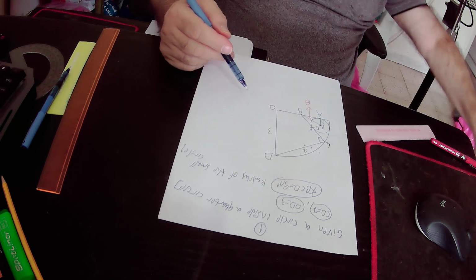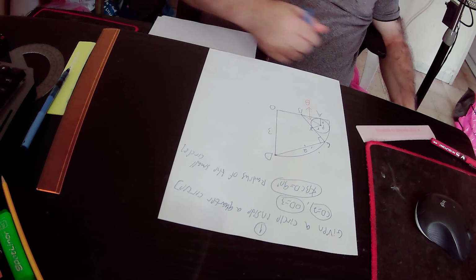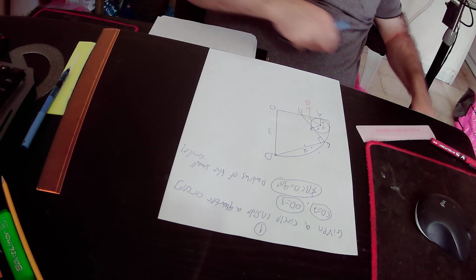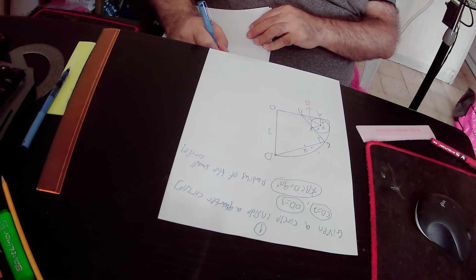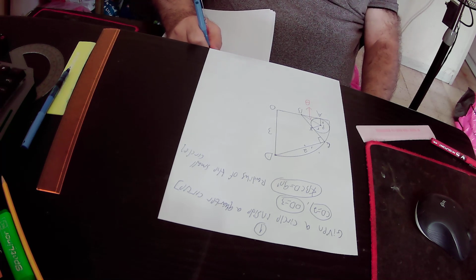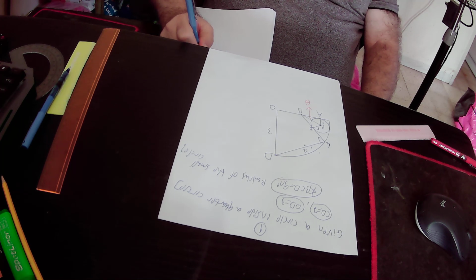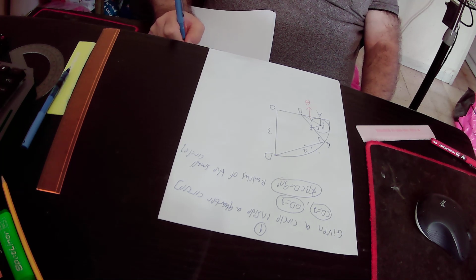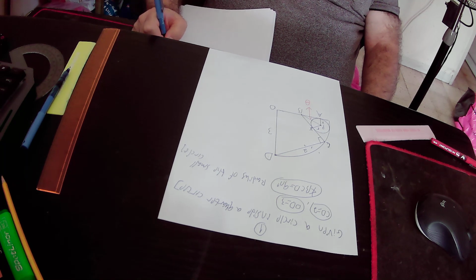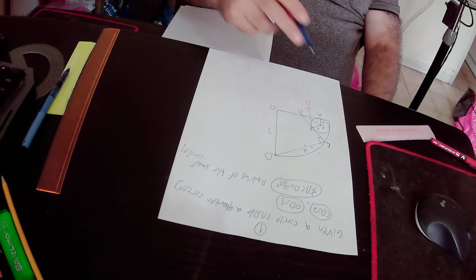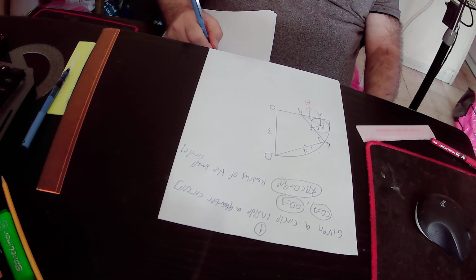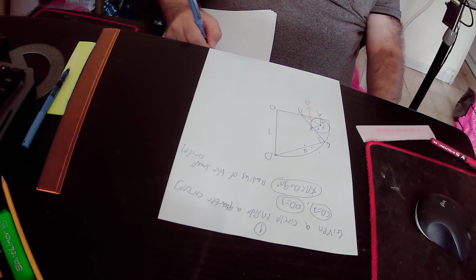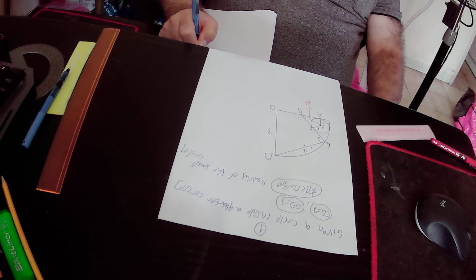Therefore, triangle ABP is congruent to triangle PBX according to the side-side-side rule.